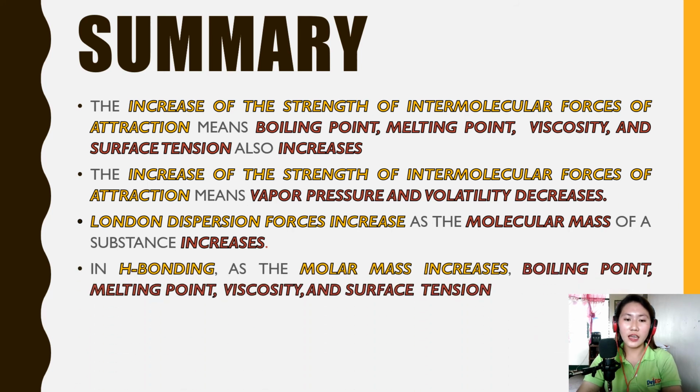Next, in hydrogen bonding, as the molar mass increases, boiling point, melting point, viscosity, and surface tension decrease. So that is how the strength of intermolecular forces of attraction affects the physical properties of a substance.